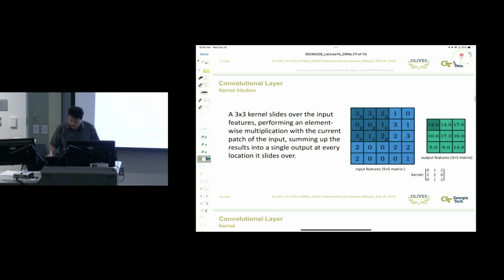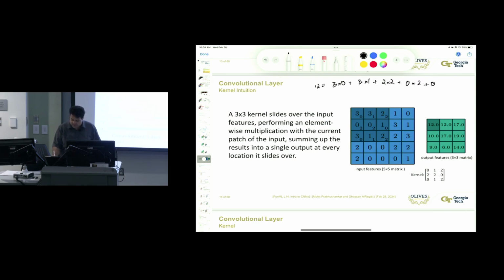So 12 is given by 3 multiplied by 0 plus 3 multiplied by 1 plus 2 multiplied by 2 plus 0 multiplied by 2 plus 0 multiplied by 2, 1 multiplied by 0, 3 multiplied by 0, 1 into 1, and 2 into 2. All of this should give us our 12. So 12 is coming from this, and 3 multiplied by 0 is coming from this, 3 multiplied by 1 is coming from this, 2 multiplied by 2 is coming from this, and so on.